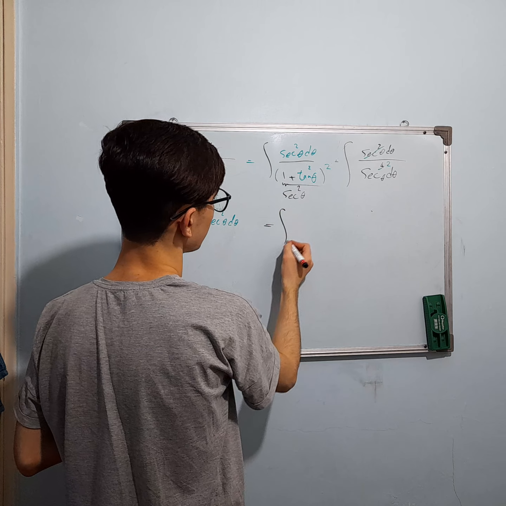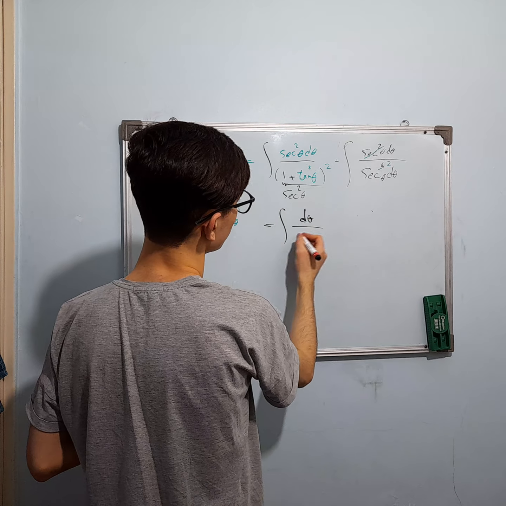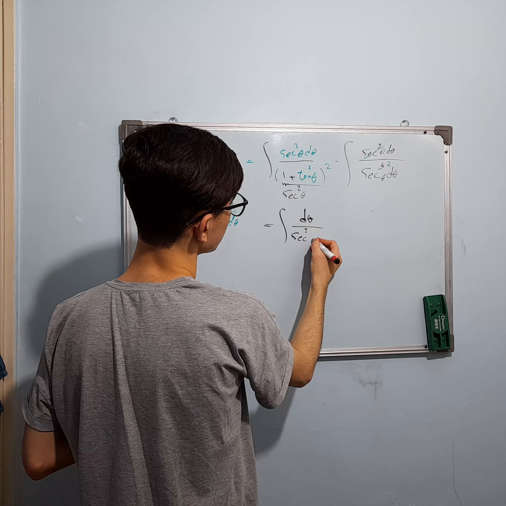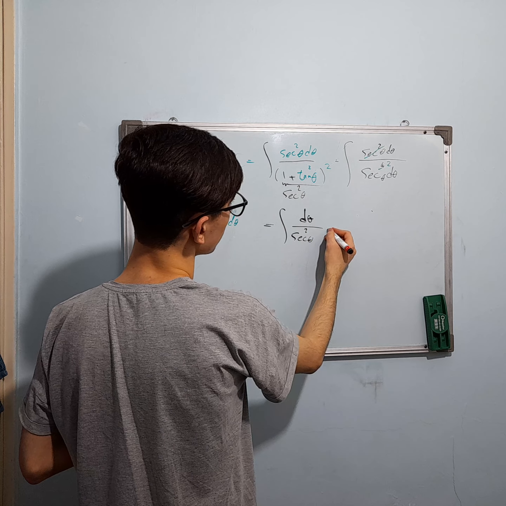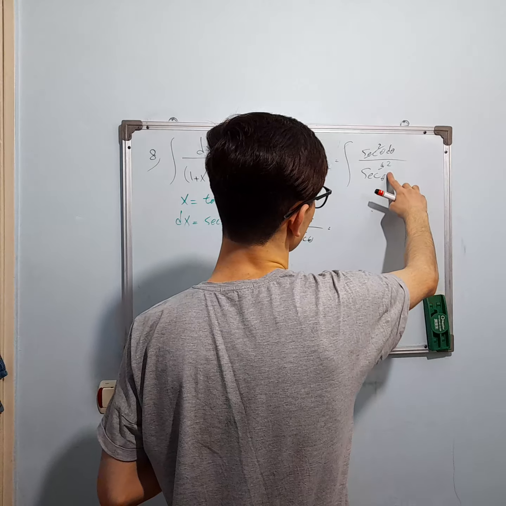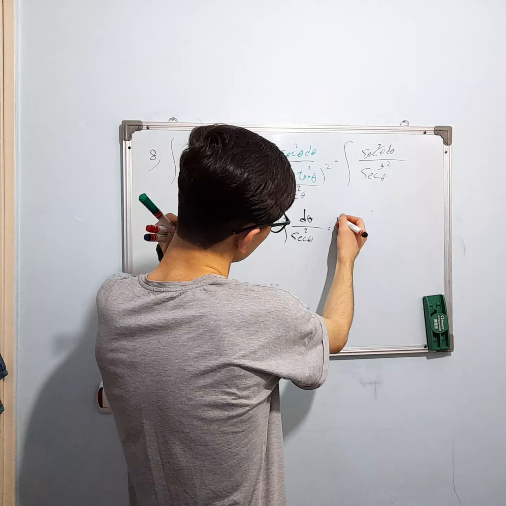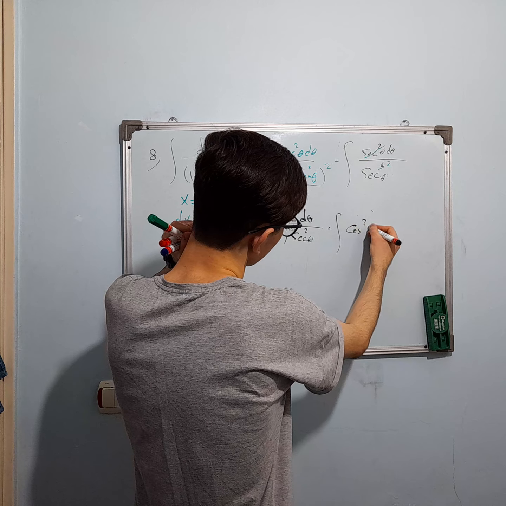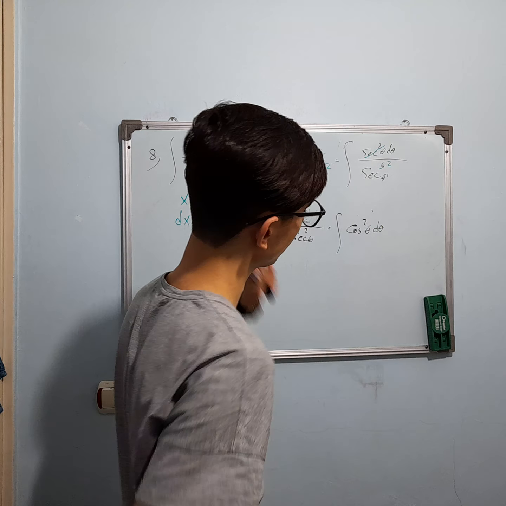And you know that d theta over secant squared theta is cosine squared theta d theta.